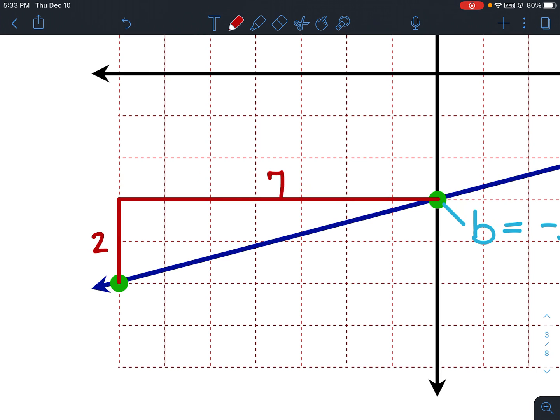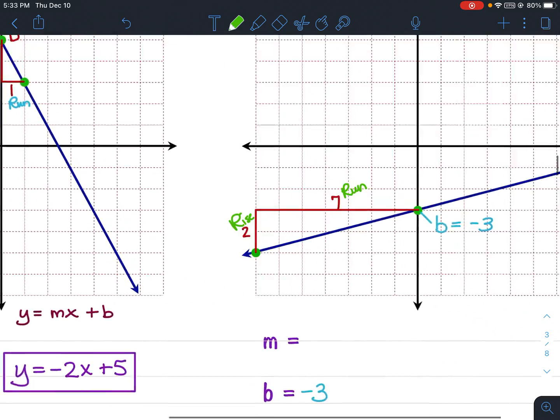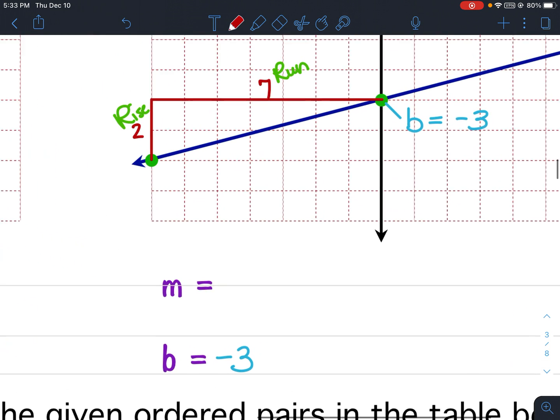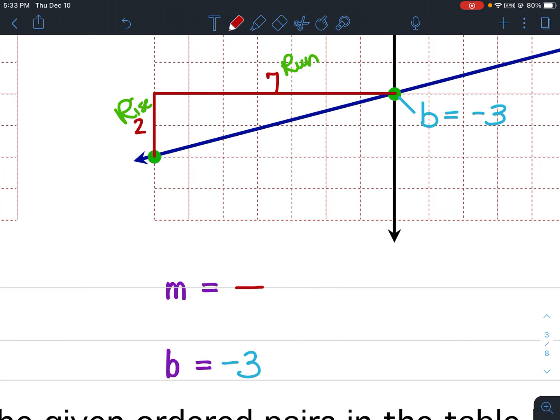Your run is 7. So again, this is the rise. This is the run. So my slope is 2 over 7. Rise over run.